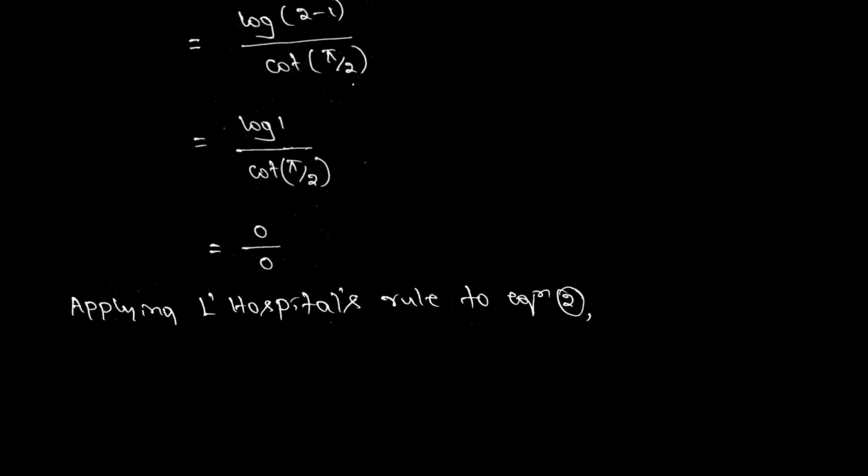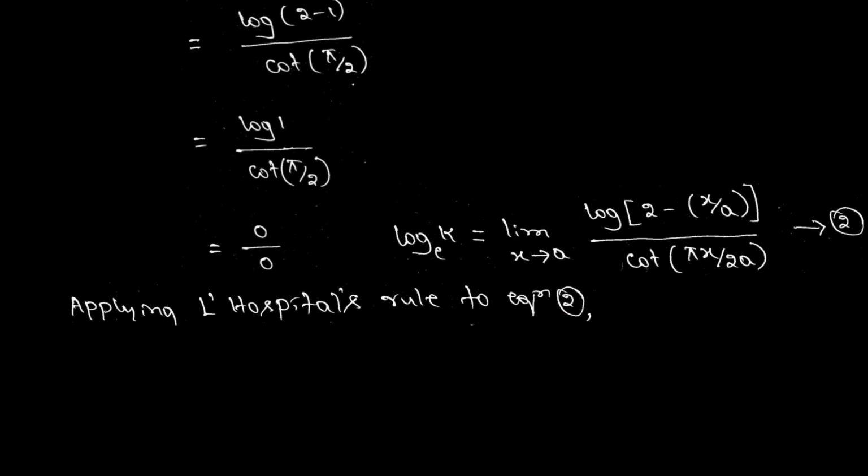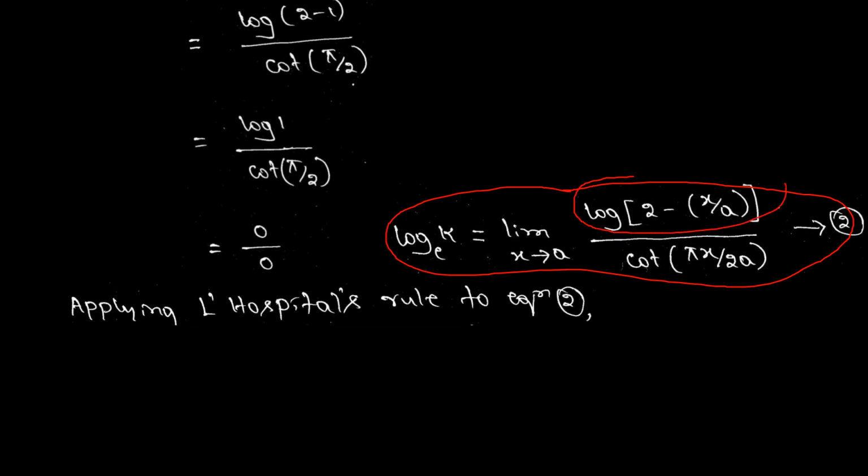So let us apply L Hospital's rule to equation number 2. As we all know, LH rule says differentiate numerator and denominator separately, then again apply the limit. Let us do that.